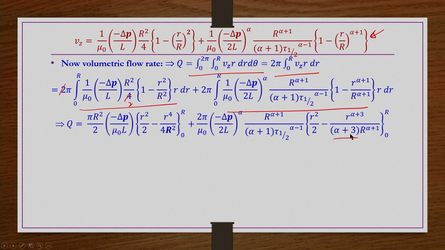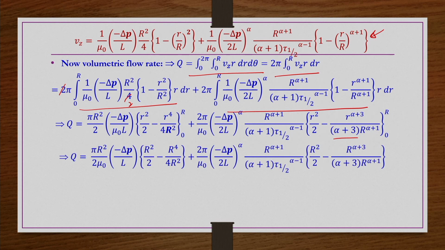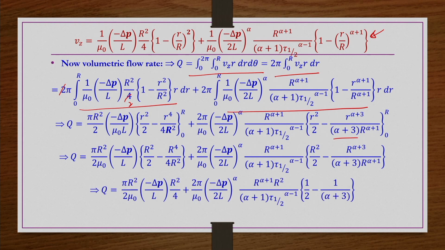Now, the lower limit is anyway 0, so you do not need to worry about substituting it, because all the terms have small r values. Now, for the upper limit, when you substitute capital R, you get this one. If you do further simplification, then q is equal to this expression.